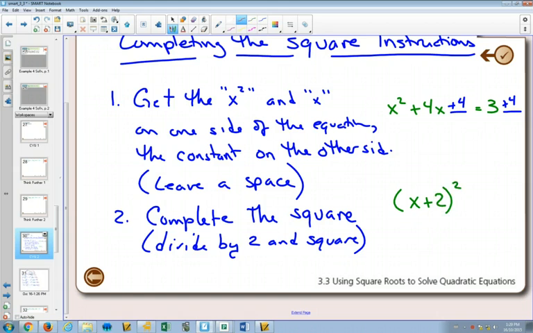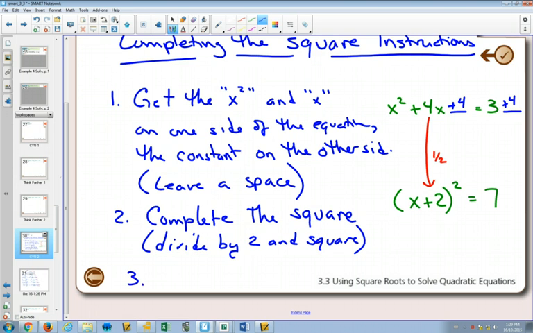And you might notice that this, of course, is half. That'll always happen because of the pattern we noticed. Equals, and we have 7 on this side. That is completing the square instructions.